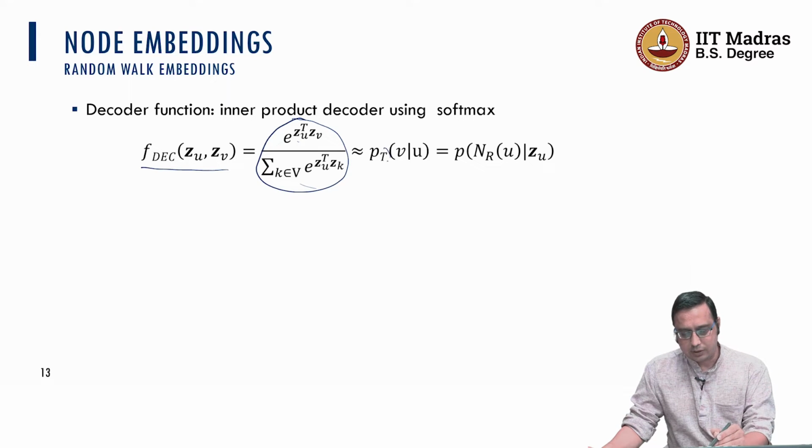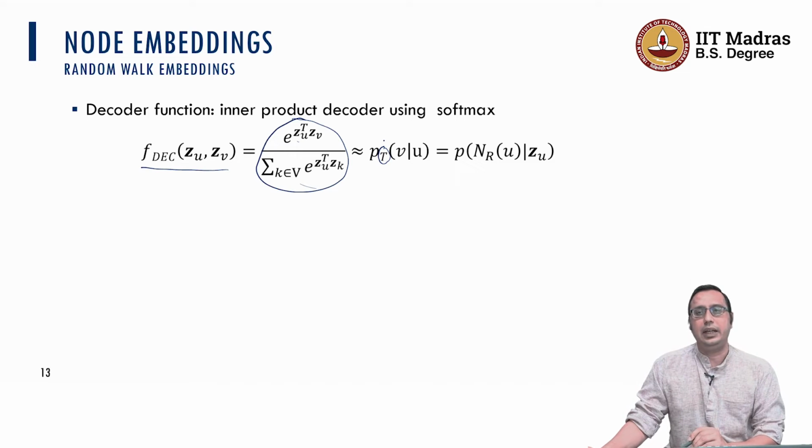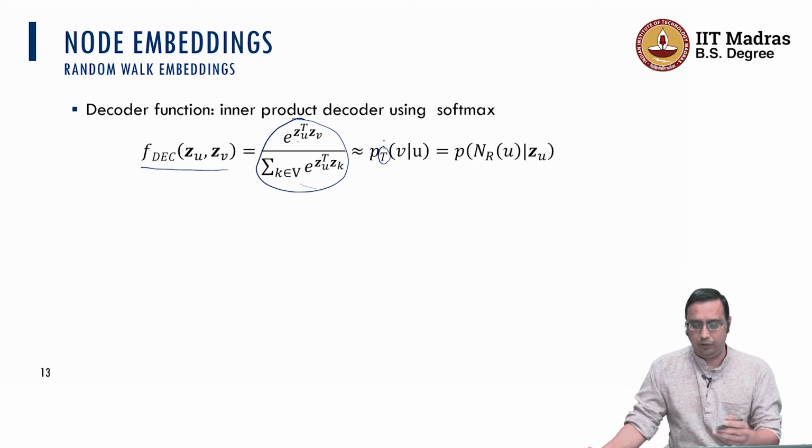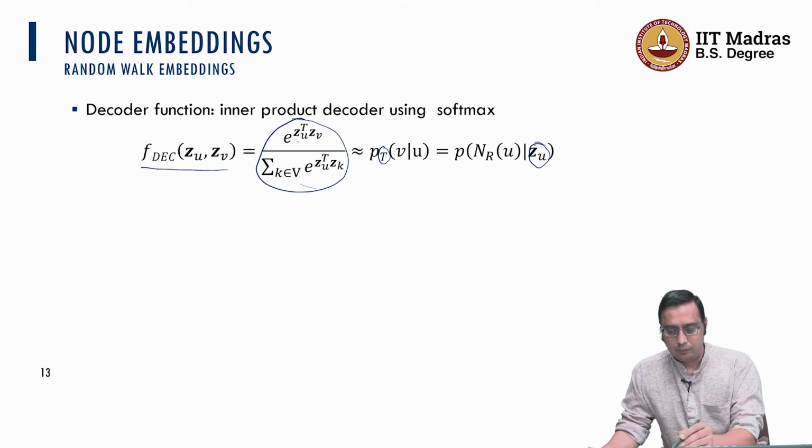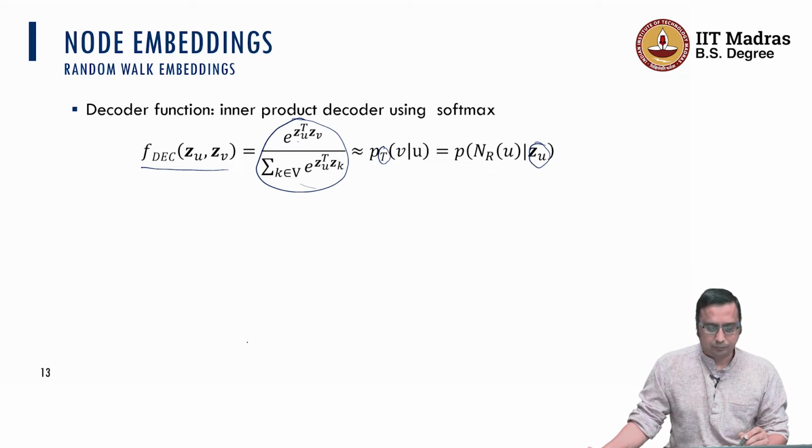Here t denotes the length, t equal to 2, 3, 4, depending on the case. What we are interested in, in general, is learning this z_u such that, using the data we have, the probability of v in N_R(u), or in general all the v, can be predicted.